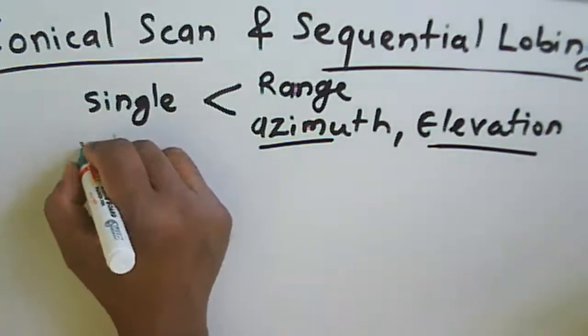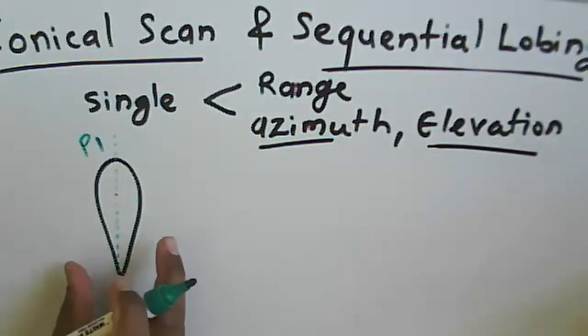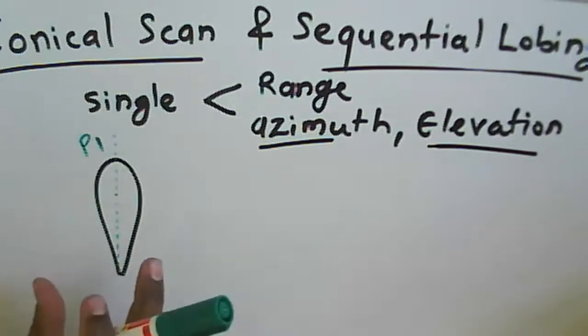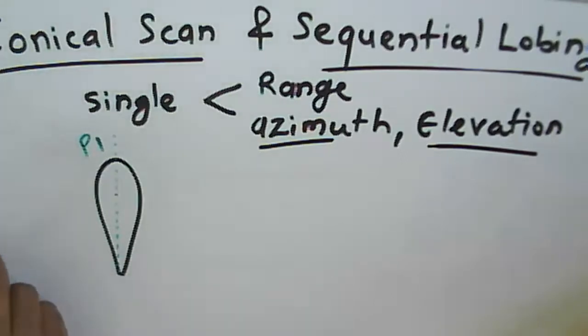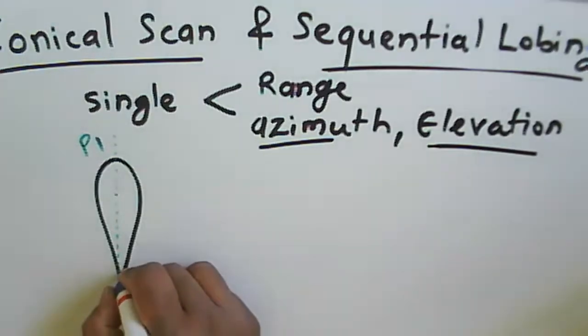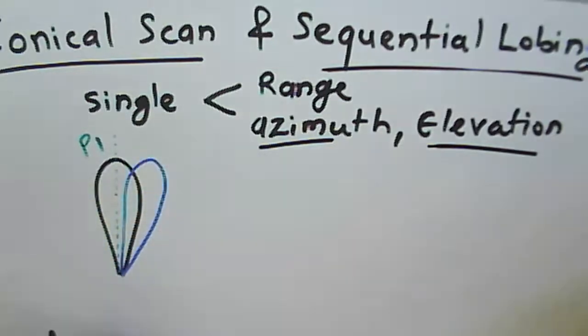So in that case we consider this one as position 1 from the single lobe. And then in another case, I am supposed to use this one, okay, this one now.